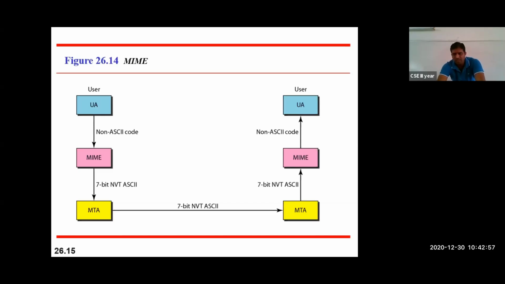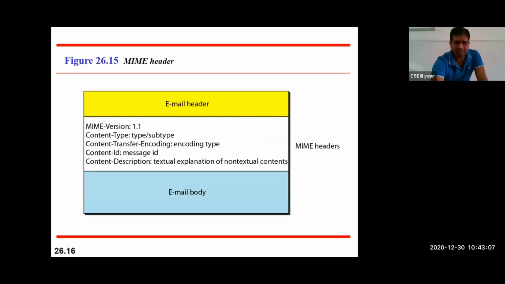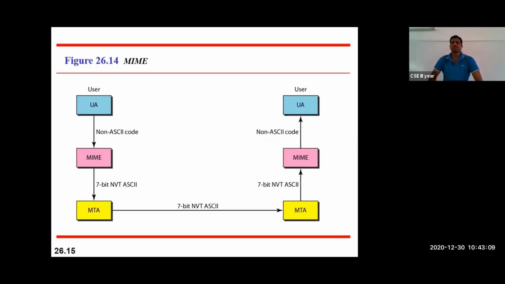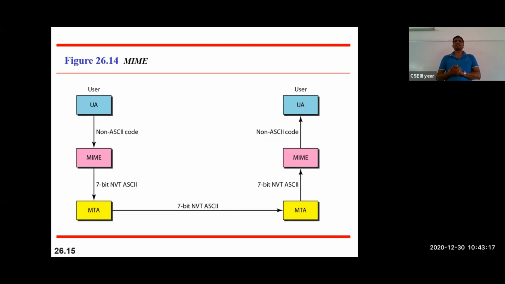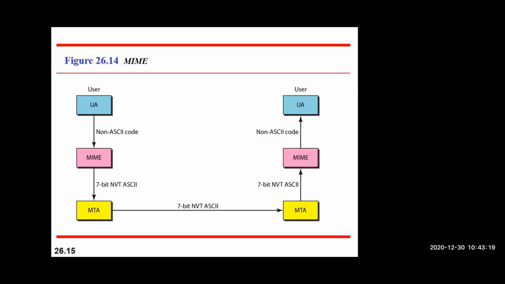Now let us start with the requirement of today's email topic, MIME, Multi-purpose Internet Mail Extension. Before I discuss this MIME, I think I forgot to put a slide in between. Yesterday I was changing this slide, but I forgot.